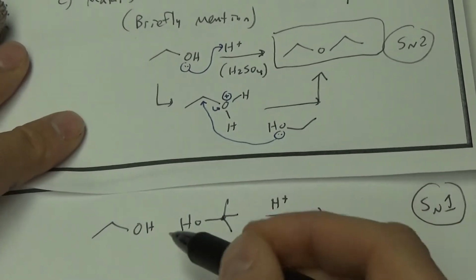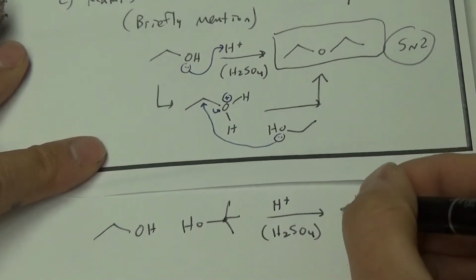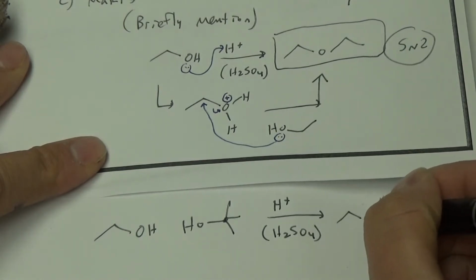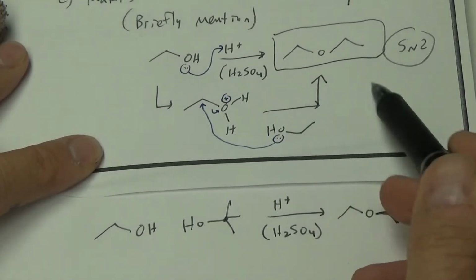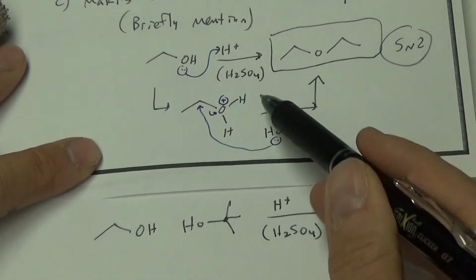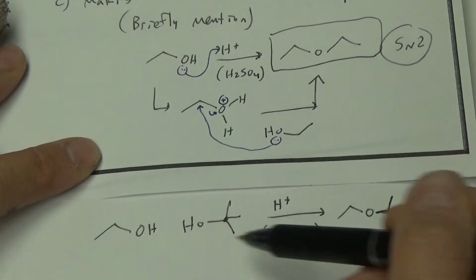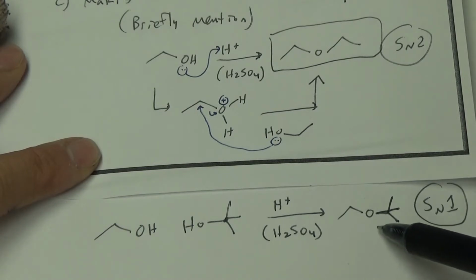Alright, so what's the ether going to look like? You can imagine it's going to be 2 carbons connected to tert-butyl, so a tert-butyl ether, right? Here we did SN2 style chemistry, using acid to make a good leaving group. And here we're actually doing SN1 style chemistry to make a tert-butyl ether.